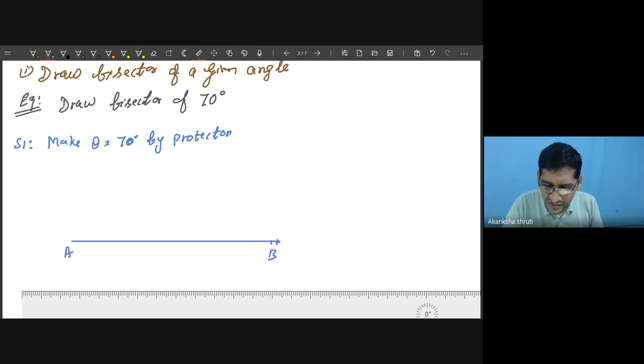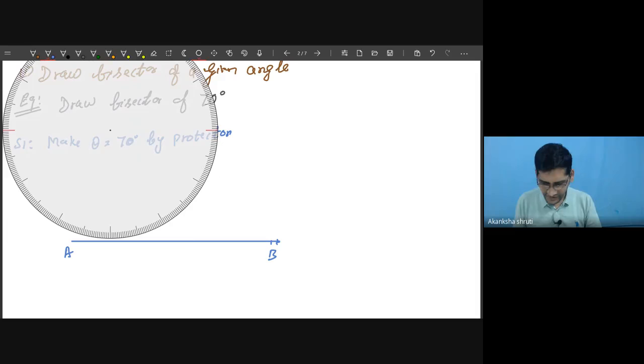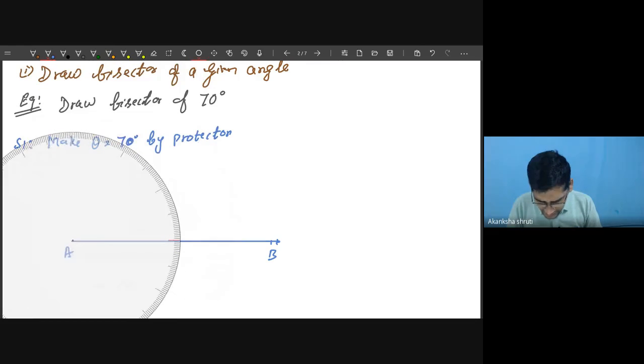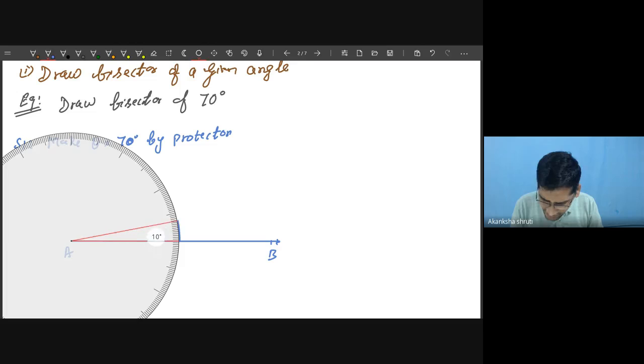So coincide this circle at this point, and draw the 70 degree. You are getting? It is going to write the angle. How much has it become? Students, it has become 70 degree. Sorry, it has become 75 degree.